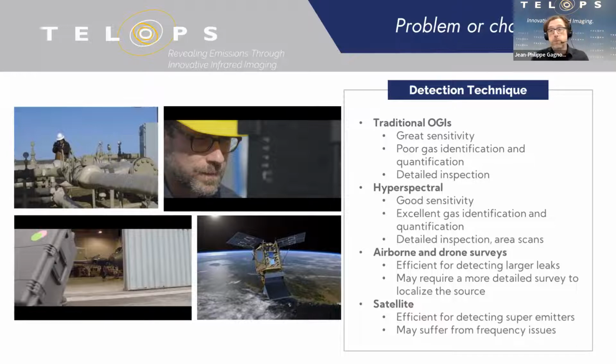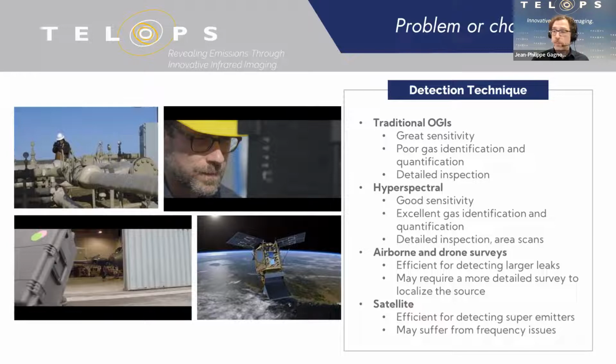We can also bring that equipment in the air on a fixed wing aircraft, helicopter, or a drone, and perform these kinds of surveys from an airborne perspective. Now, these are great for detecting very large emissions, of course, whereas from the ground you can detect smaller types of emissions.